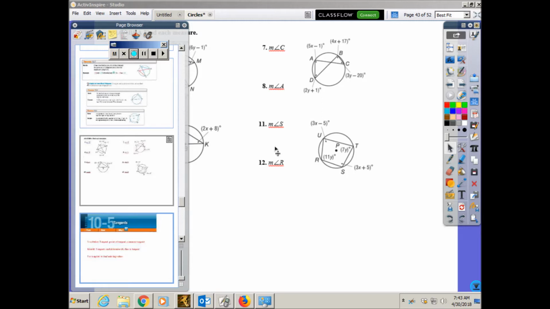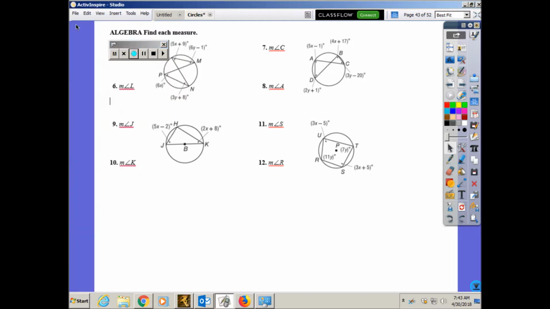While our lesson was mostly on 10.5, we also went ahead and finished up 10.4, which talked about inscribed angles.